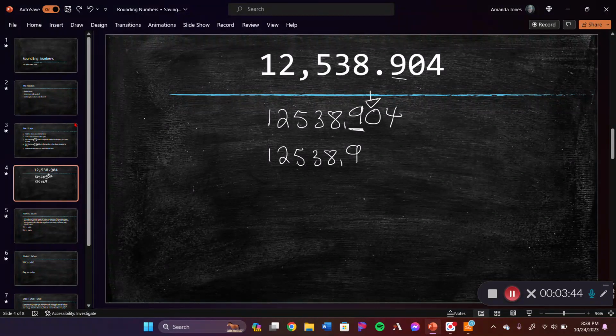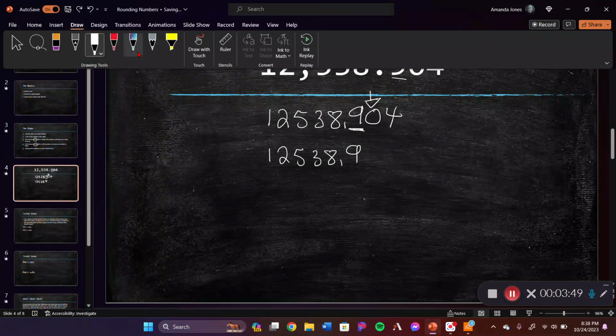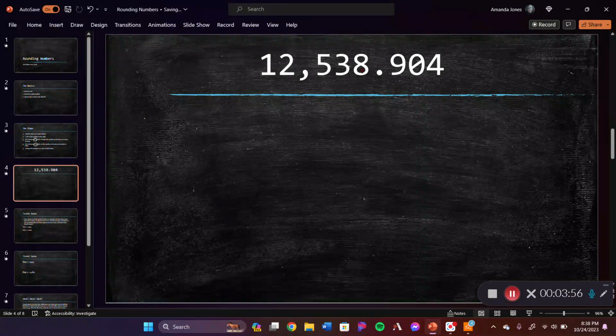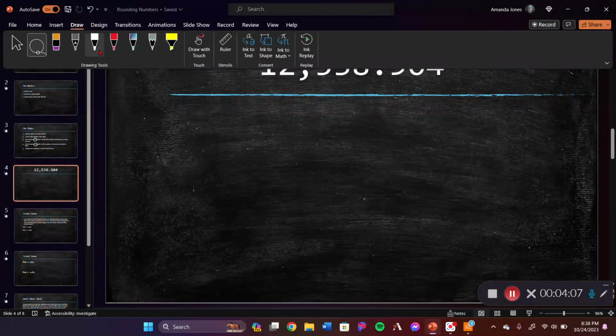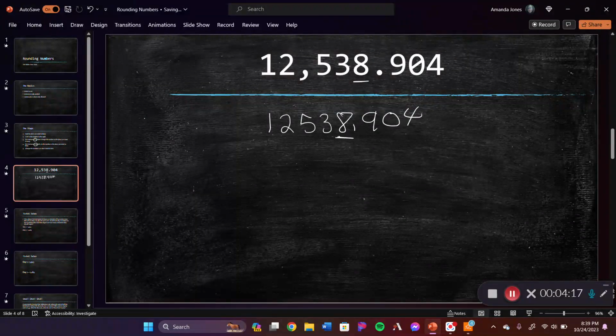Right? Now let's do one where it's in the 5 to 9 range. Okay, so let's choose, let's see, which one's a good 5 to 9 range? Let's keep 8. Okay, let's keep the 8. Okay, so let's see if we can do this one without looking at the steps.